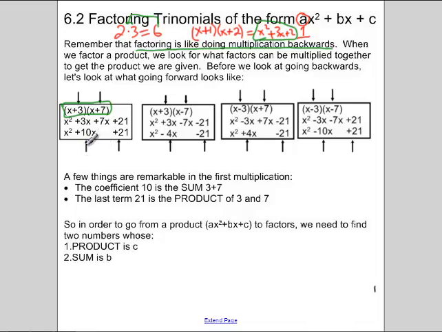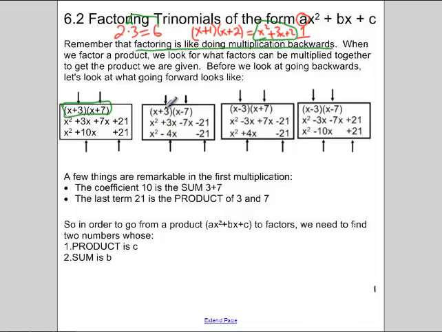So what happens when we take a look at the coefficient on our x term, and the number, the coefficient on the x to the 0th power term? We can see a pattern: 10 here is 3 plus 7, and 21 is 3 times 7.